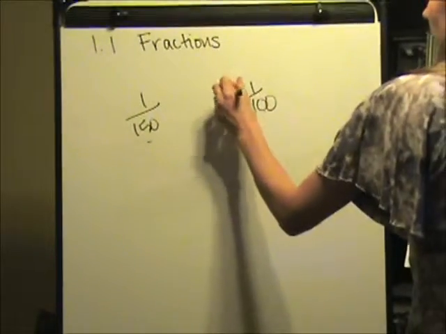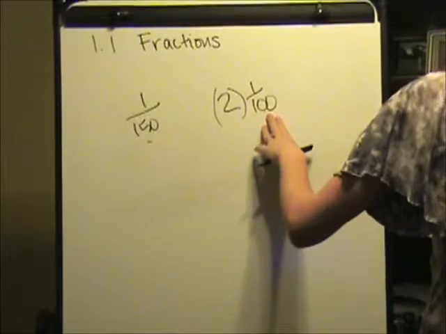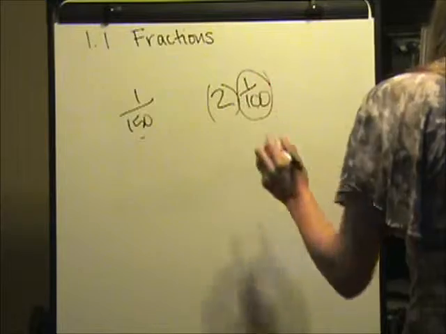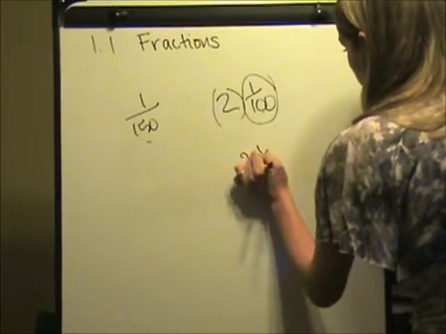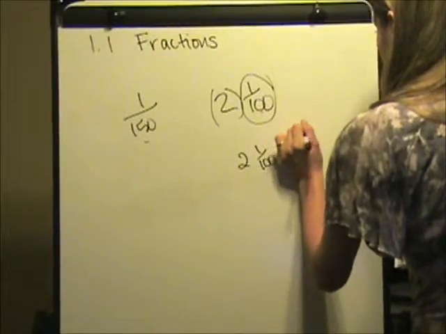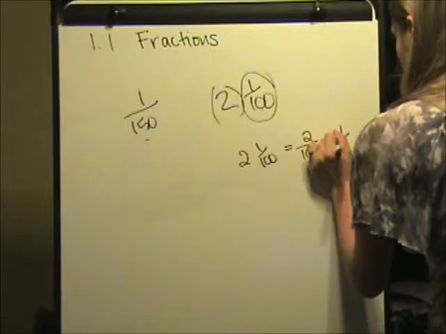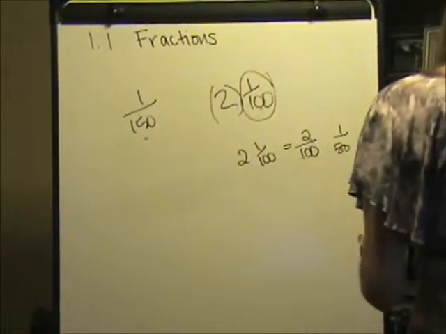So before even taking into account the 2, we can see that the 100 is smaller, so that is going to be the larger amount. We can also multiply this out, and that's going to give us 2 100ths, and you can reduce that down further into 1/50th, and you can compare the 2 that way, and you'll still see that this is larger.